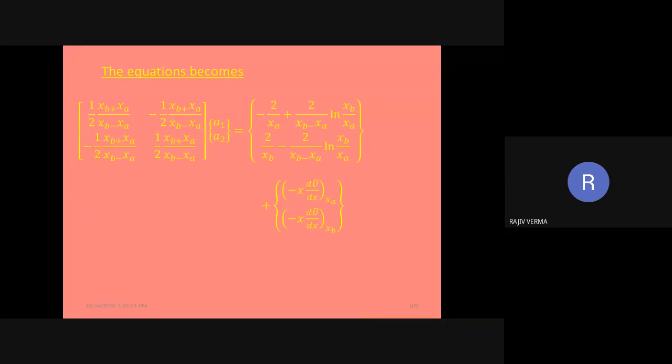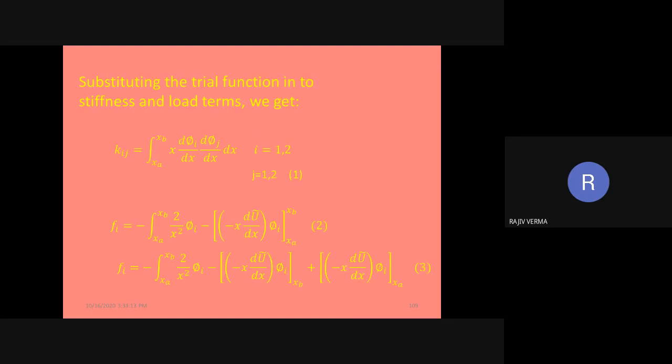For explaining this, we are going to go back to the previous slide. Over here, since we are talking about a linear element, the value of i is going to be 1 and 2, and the value of j is also going to be 1 and 2.